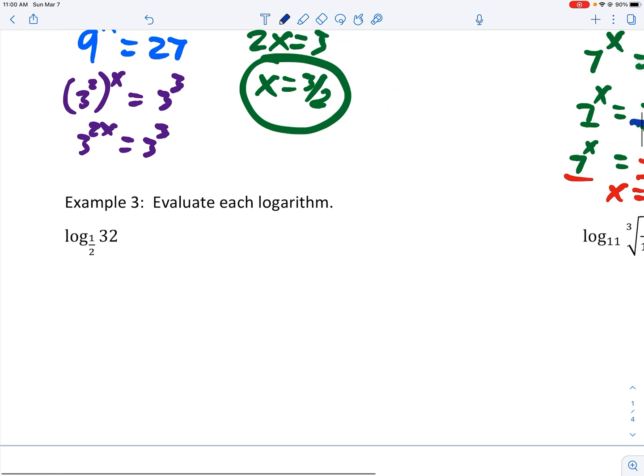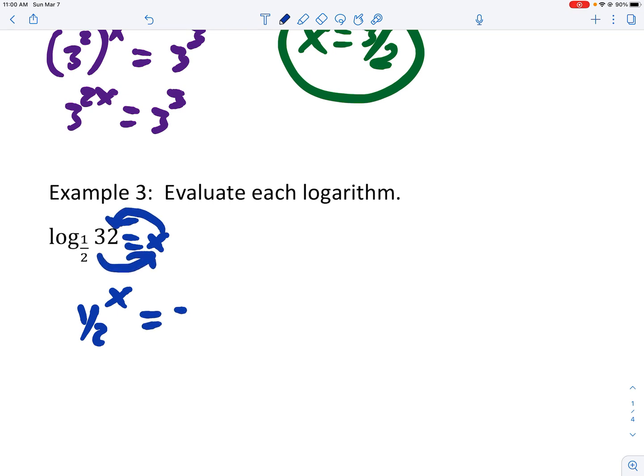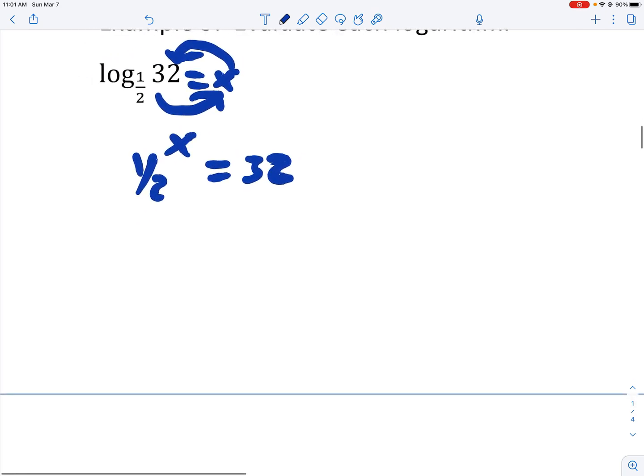Next, evaluate. Same idea, right? You're trying to figure out what power of 1/2 is going to give you 32. That's what it means by evaluate. You're figuring out what power makes this work. Again, I don't have the same bases. So the 1/2 I can rewrite as 2 to the negative 1.